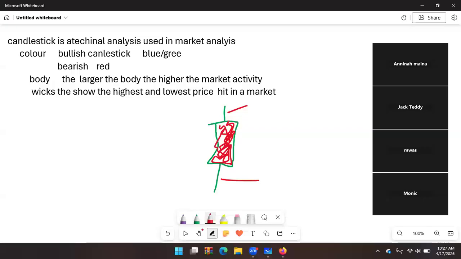The larger the body, the higher the volatility or market activity, and the smaller the body, the lower the market activity or volatility. Then we have the wicks, which show the highest and lowest price hit in a market in the time frame you are using to look at that candle.